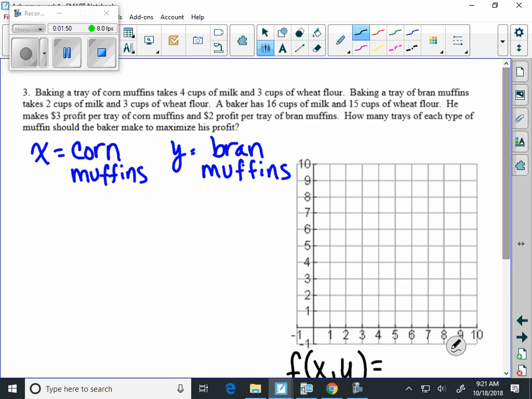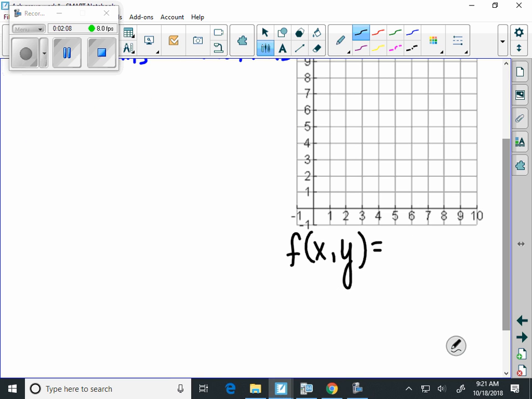When we go back into the problem, we're looking for where it says profit. Pretty far down in the problem, it says it makes $3 profit per tray of corn muffins and $2 of profit per tray of bran muffins. So this is going to be 3x plus 2y.